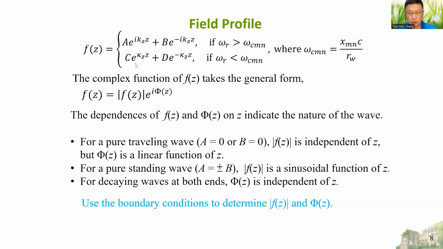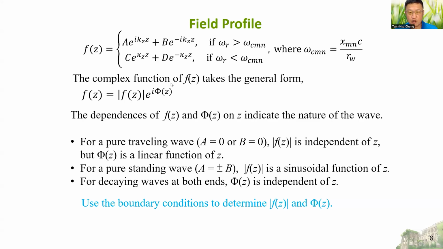Below cutoff should be this form. Exponentially growing, exponentially decaying, forward propagating wave, backward propagating wave, where omega_c,mn is chi_mn times c, where c is the speed of light, divided by R_w, and R_w is the waveguide wall radius.